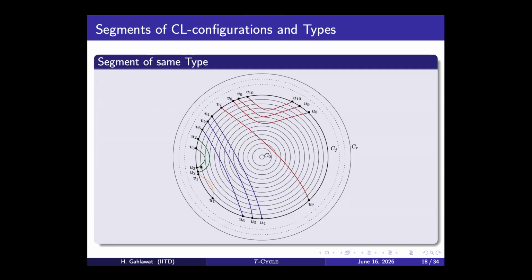For example, V2 and V3 are parallel segments, but V2 and V1, and V3 and V1, are not parallel. For the same reason, V6 is not parallel with U6, this blue segment, and these segments. These are just segments that are parallel to each other, such that on any of these portions there is no completely contained segment. So these are segments of the same type.